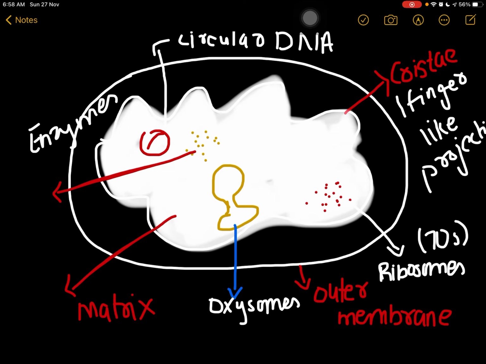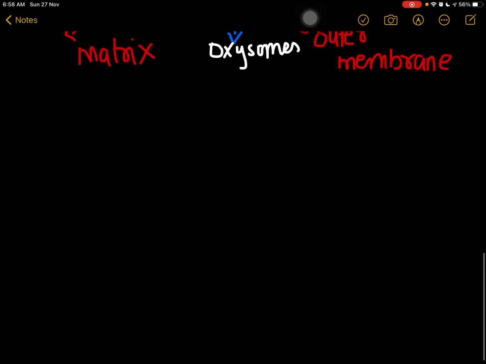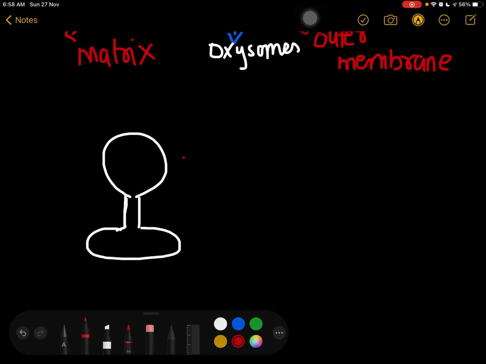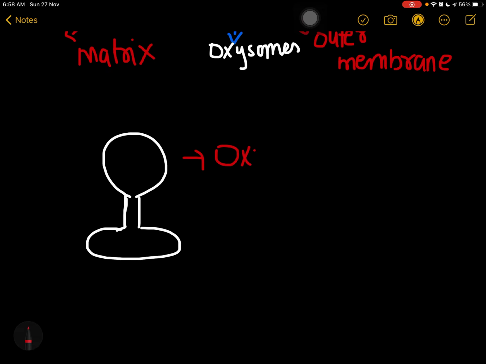Now let's discuss what this oxysome basically is. Let me draw the structure over here. This is a base plate, this is a stalk, and here we are having the head. These are known as oxysomes or F0, F1 particles.